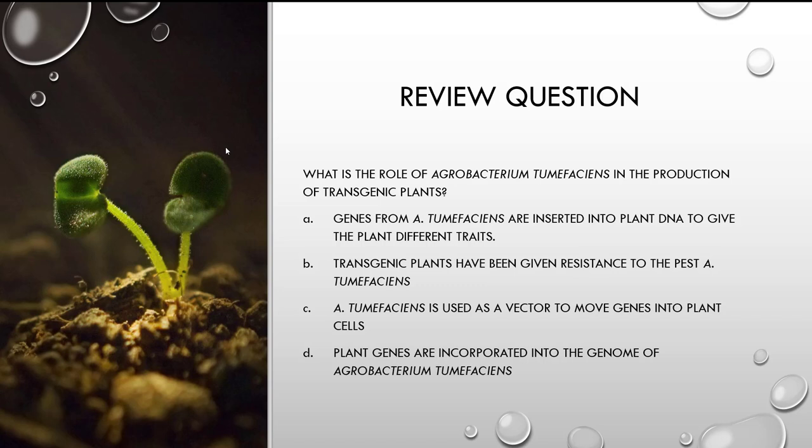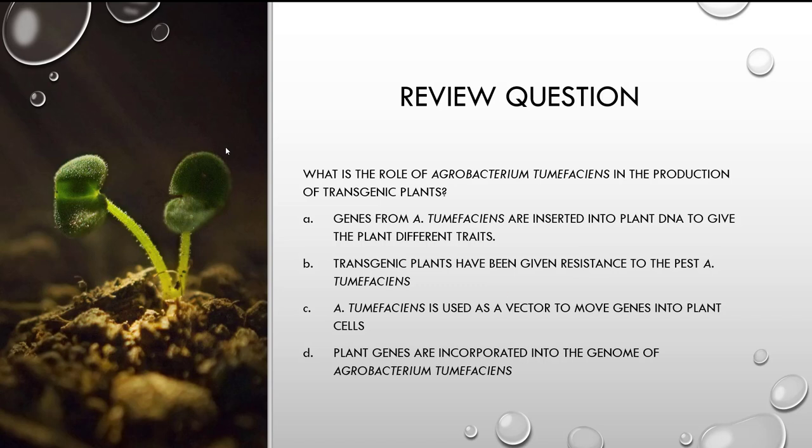Or is it B, transgenic plants have been given resistance to the pest Agrobacterium tumefaciens? Or is it C, Agrobacterium tumefaciens is used as a vector to move genes into plant cells? Or is it D, plant genes are incorporated into the genome of Agrobacterium tumefaciens? So what is the role of that bacterium?